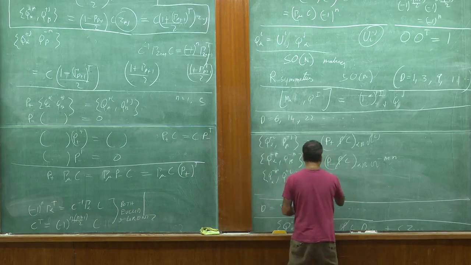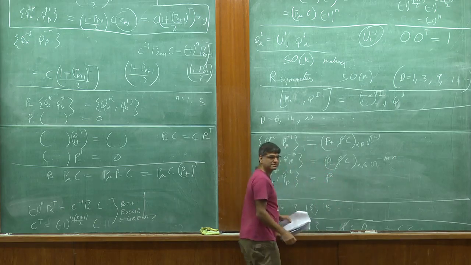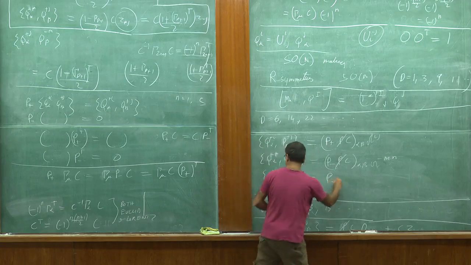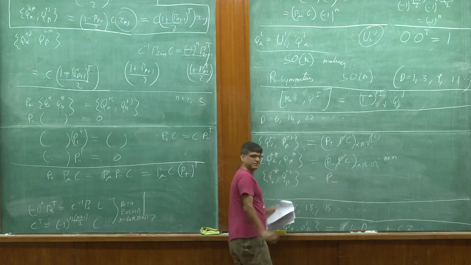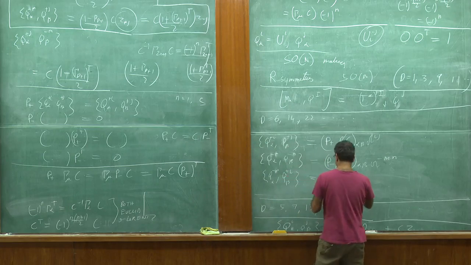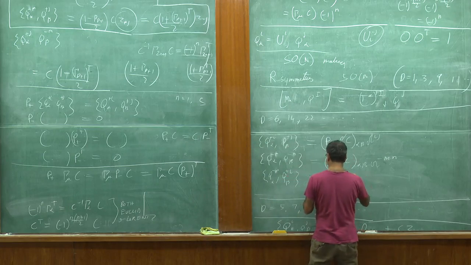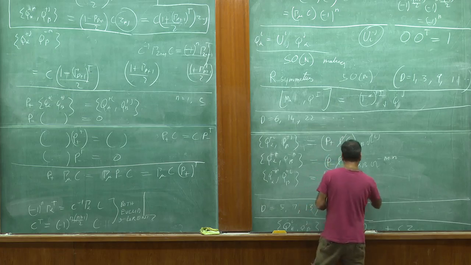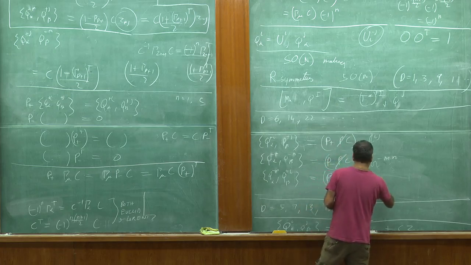What P should I write here? P minus, because the first guy is a minus. Then I, of course, want a C alpha beta and a Z mi.